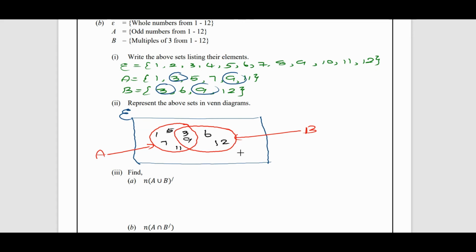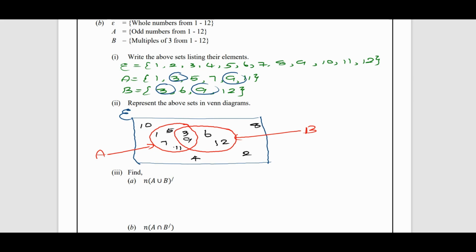And we have 2, 4, and we have 8, 10. That's it. Let's count. 1, 2, 3, 4, 5, 6, 7, 8, 9, 10, 11 and 12. Right. All the elements are written.